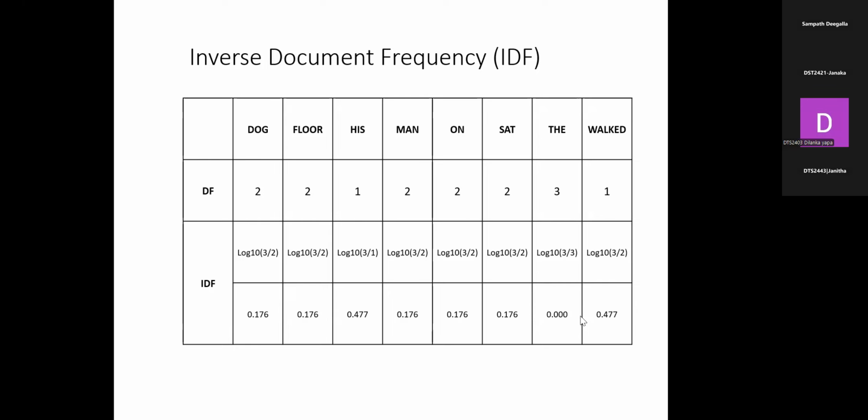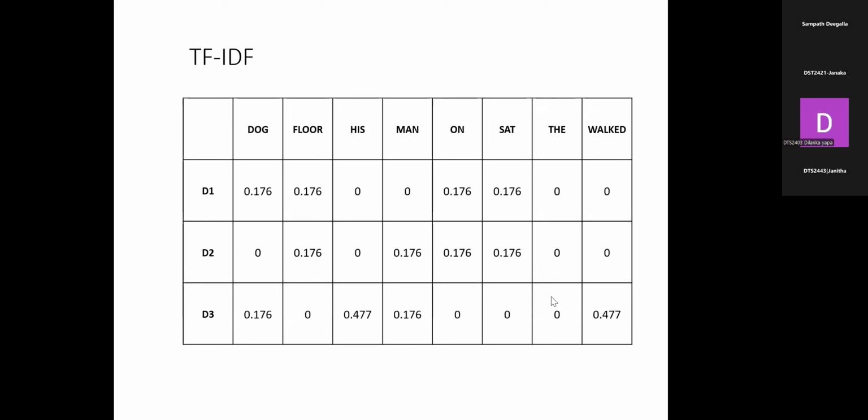Okay, notice this one. Stop words like the appeared in all the documents, and this is what will happen. You have 3 by 3, which means this becomes 0. So TF-IDF is really good at handling the most frequent words. Now, once you multiply, you get a set of weights, and this is how we will get TF-IDF.